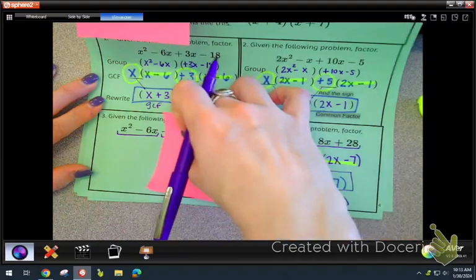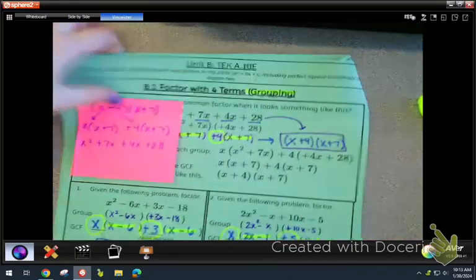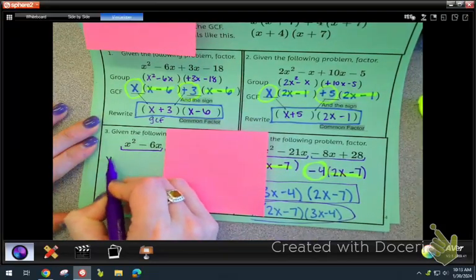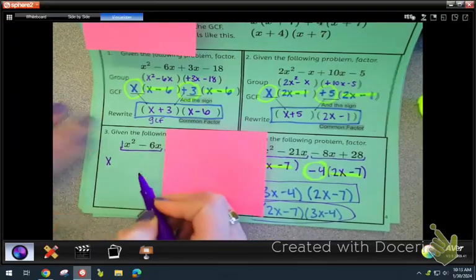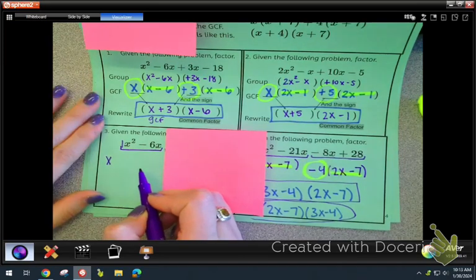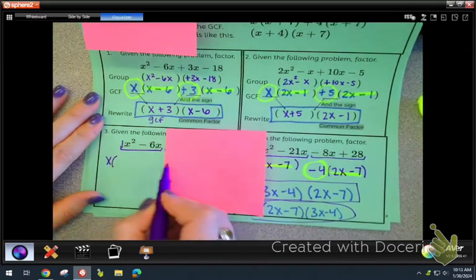Let's look at the first group. First group, we can always take out an X. Can we take out a number here? We've got 1 versus 6, y'all. If there's a coefficient of 1, can you take out a number in the first group? No. So X, parentheses. What's going to be left in?